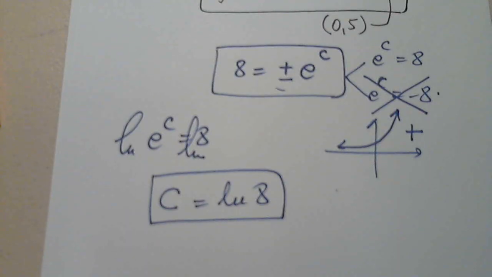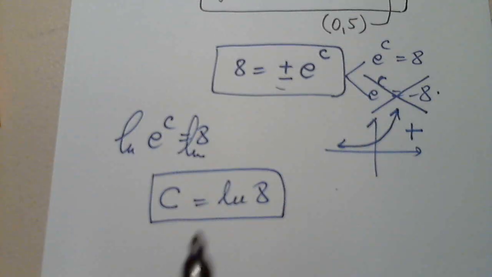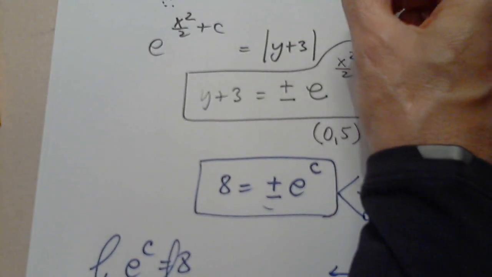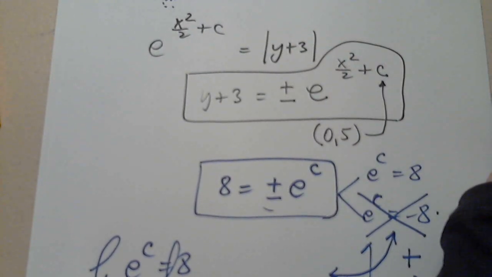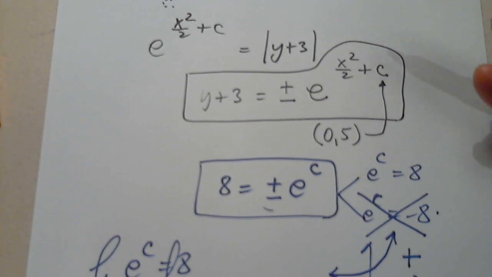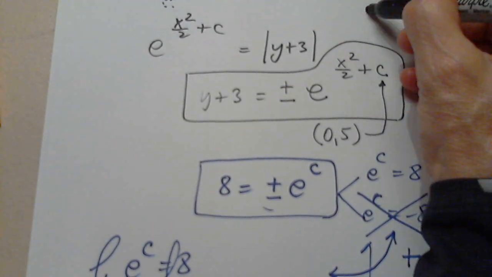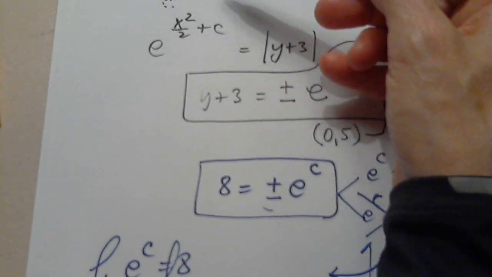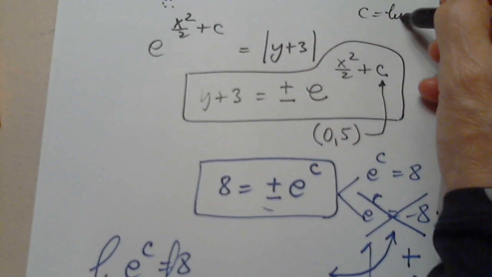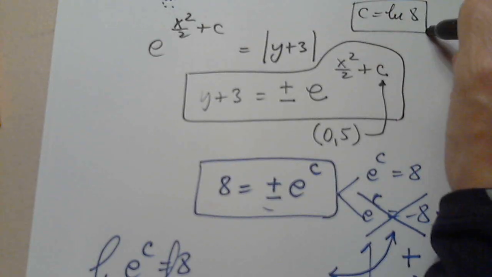Now, we could have determined the constant here at this stage. So when x is 0, the constant equals natural log of the absolute value of 8. And this is it.